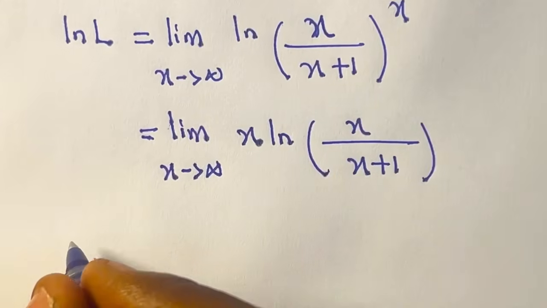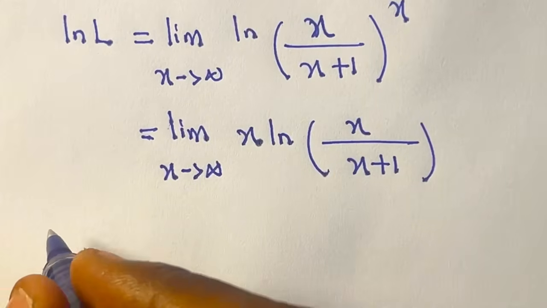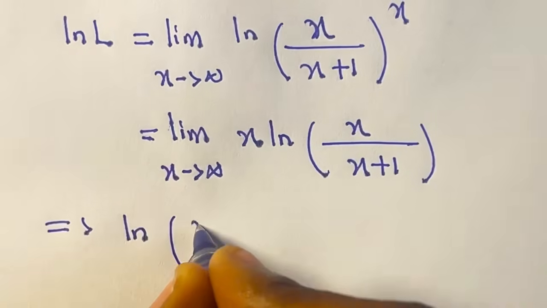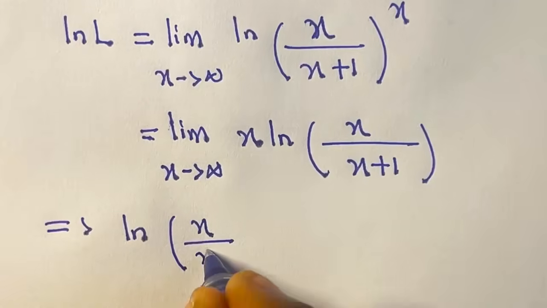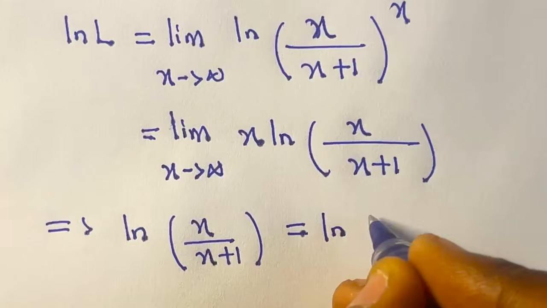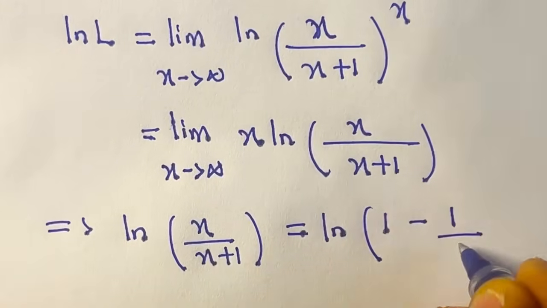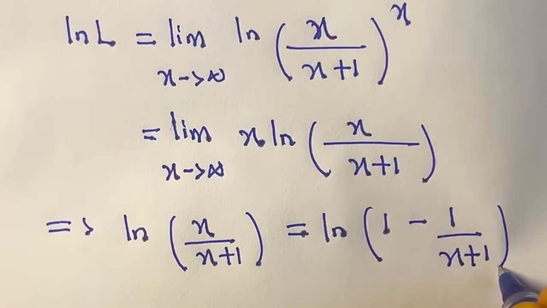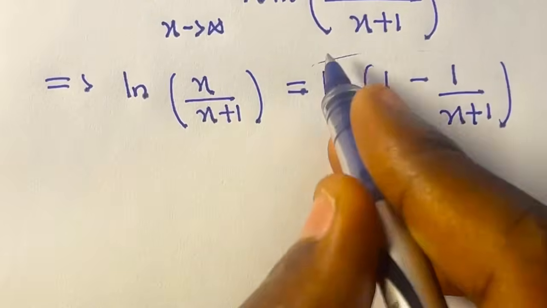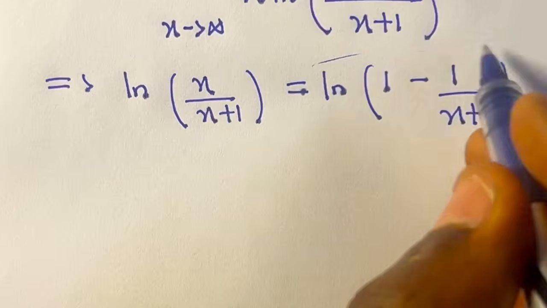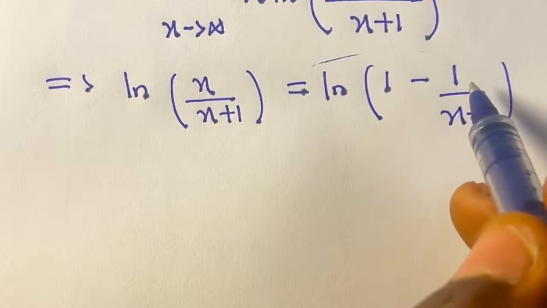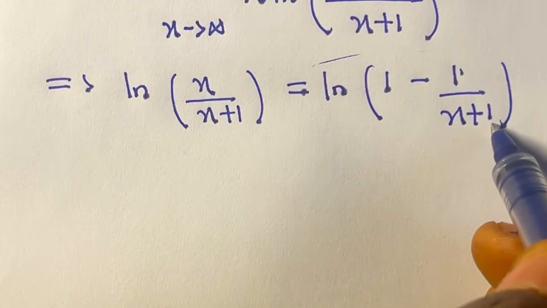All right. However, we should recall that ln (x divided by x plus 1) is equal to ln (1 minus 1 divided by x plus 1). So now, considering the limit of this, let's consider only 1 divided by x plus 1.